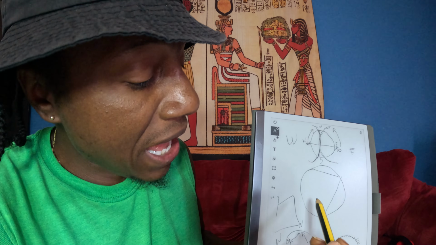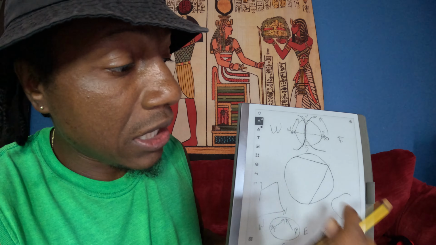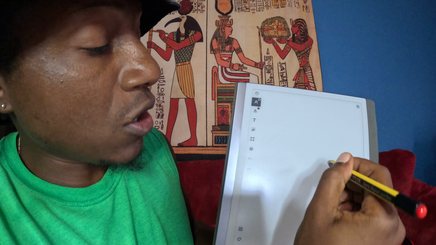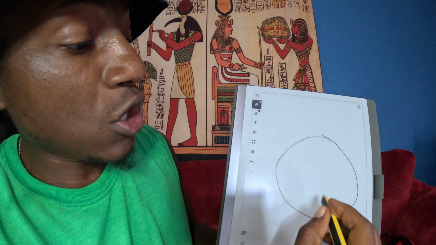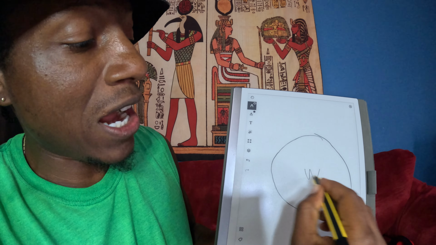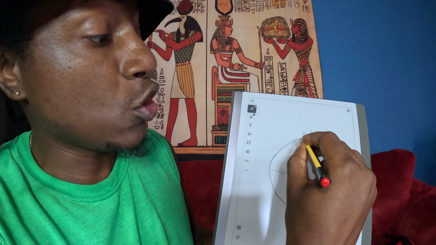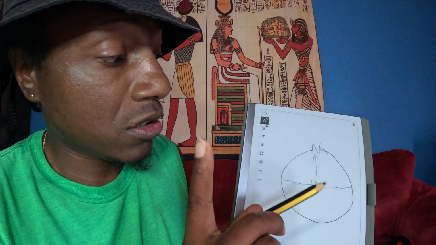Because if you was on a map and you was on a ball, and let's say you was on the west side, we got the equator right here. If you wanted to go north, you would literally have to go straight north, one location.